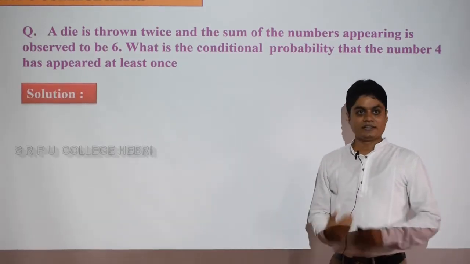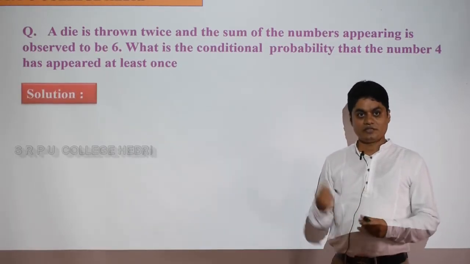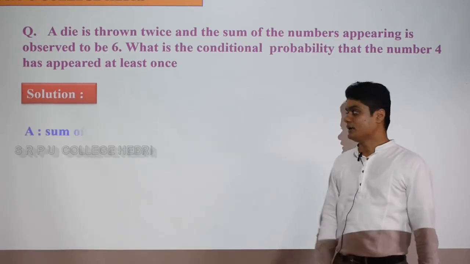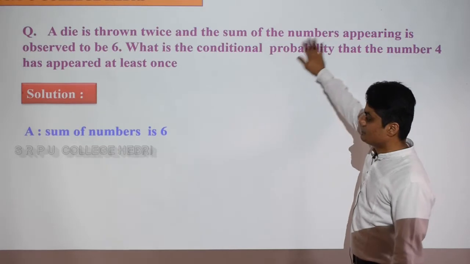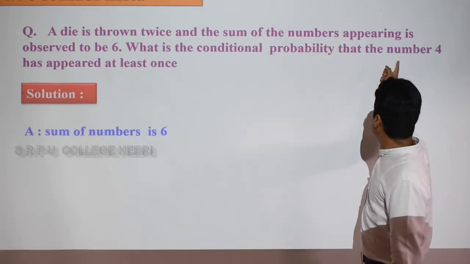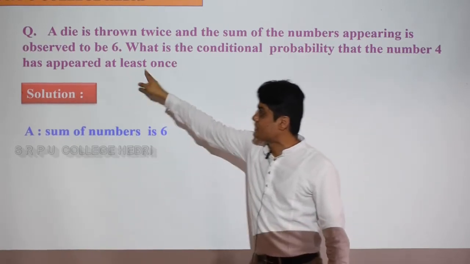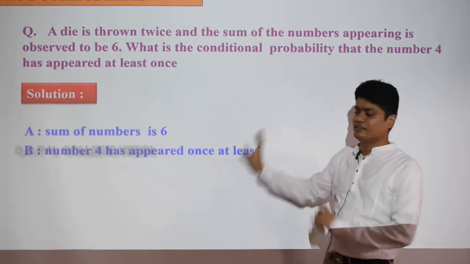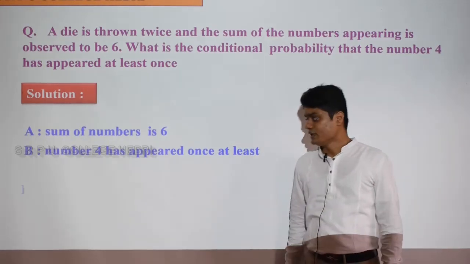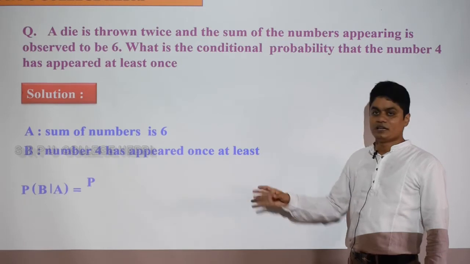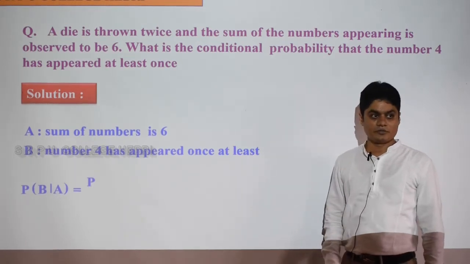Understand the question like this: identify which are the two events, then write them down in the solution. You must mention what the events are. So A: sum of the numbers is 6, the first event. But take whichever comes first, not an issue. The next event: number 4 has appeared at least once. Use the same sentence from the question, don't worry. Now find probability of A, probability of B, and then probability of B given A can be found.